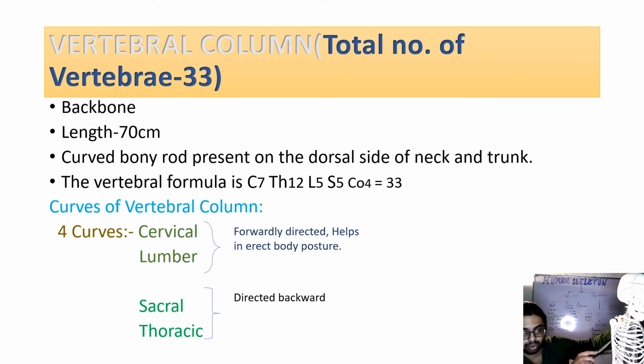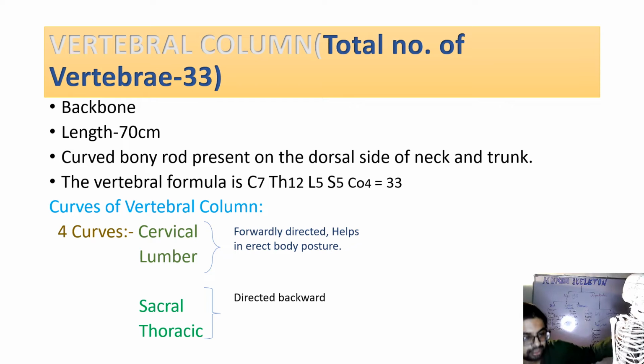Next comes the thoracic vertebra, which is present behind the thorax. It has 12 vertebrae. Lumbar vertebra, it has 5. Sacrum or sacral vertebra, more appropriately, it has 5 vertebrae in it. And coccyx, we have 4.